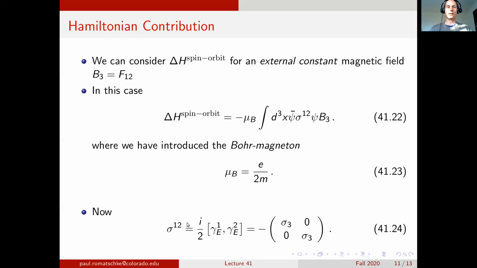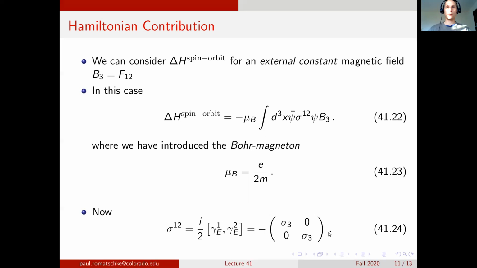Now we can inspect this particular combination, the commutator of the Euclidean gamma matrices, gamma 1, gamma 2. If we plug in, for instance, the Dirac representation for these matrices, we find that this commutator is given as minus, in a block diagonal notation, sigma 3, the third Pauli matrix, then a 2 by 2 zero matrix, another 2 by 2 zero matrix, and again the third Pauli matrix in the lower block of the matrix.